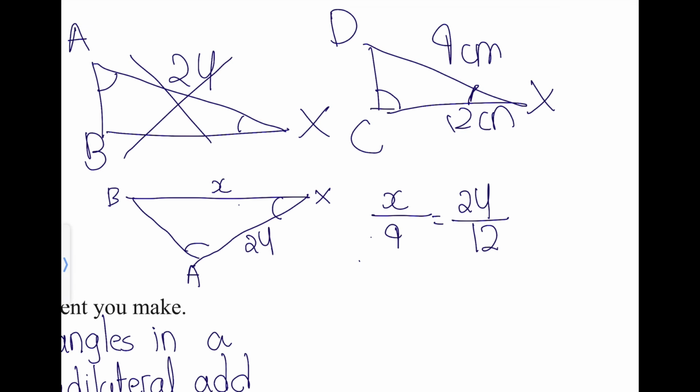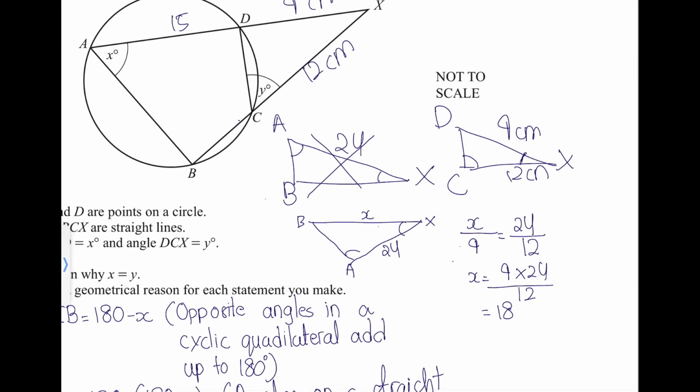All right, and then if I take it down here, BX is equal to 9 times 24 divided by 12, which is 18. Now remember that this length is the whole of BX, but they have only asked us to figure out BC. So BC would be 18 minus 12, which is equal to 6.